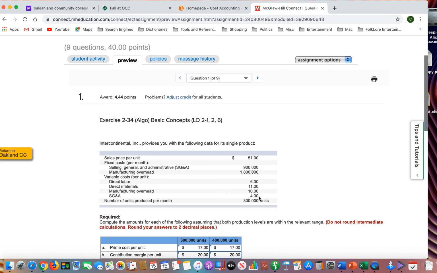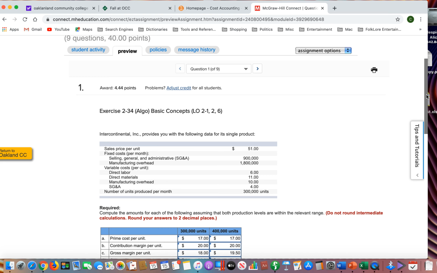Add these 4 together, you get $31. 51 minus 31 is $20. 31 is variable cost, 51 is the sale price. Sale price minus variable cost, all variable costs, not just manufacturing variable costs. That's why we have the SG&A there at $4. That gives you $31, which results in a $20 contribution margin per unit.